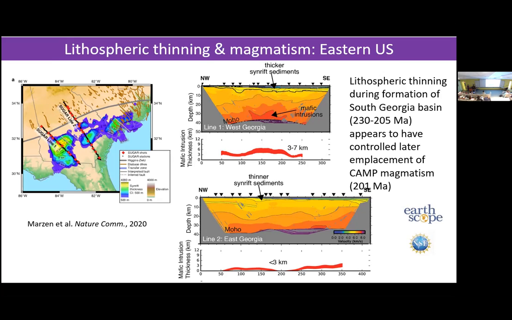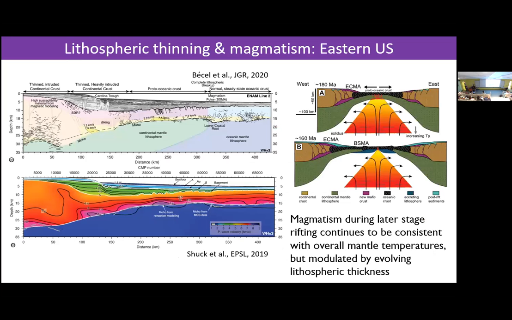And as drifting proceeded, this kind of dance between magmatism and lithospheric thickness continued. And this is work that's really wonderful from Ann Bissell and Brandon Shuck that I had no involvement in, but I'm co-opting for my story here.